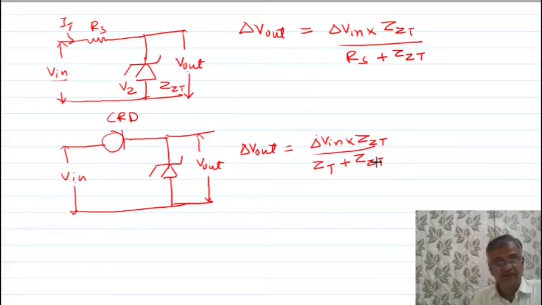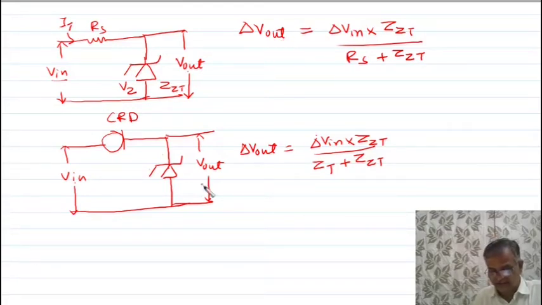Look here, what is the advantage you are getting? You must know this value RS is of the order of a few hundred ohms, or you can say 1000 ohms, but the Zener impedance is also of the order of a few hundred ohms. The change in output voltage is more here.